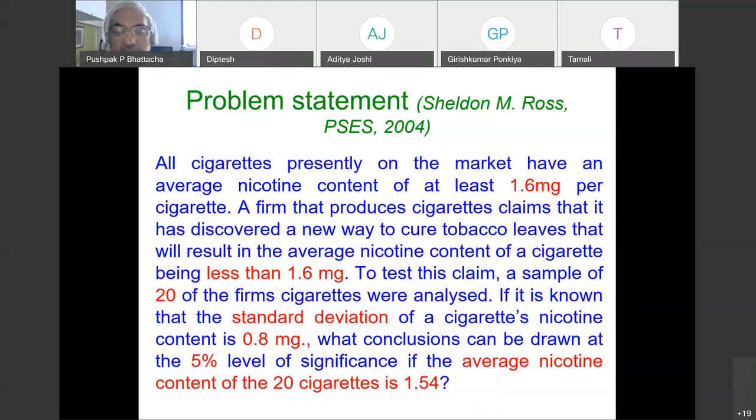What conclusions can be drawn at the 5% level of significance if the average nicotine content of the 20 cigarettes is 1.54? So a very typical scenario where we have to have some confidence in the property of the population, and that is based on the sample that we have extracted from the population and are making observation on.